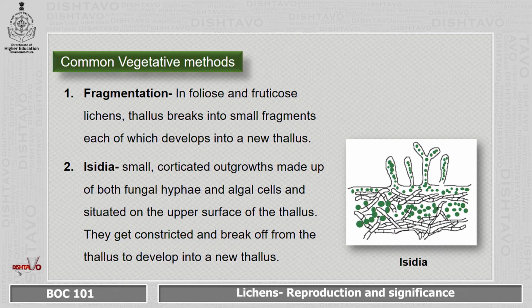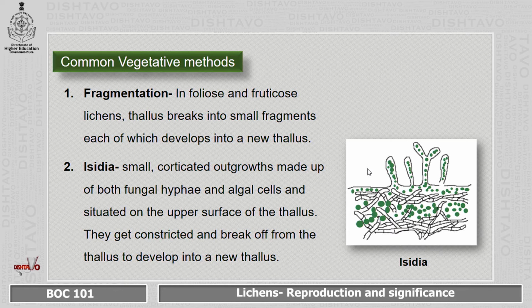Isidia are small corticated outgrowths made up of both fungal hyphae and algal cells and situated on the upper surface of the thallus. They get constricted and break off from the thallus to develop into a new thallus. As you can see in this image, these are the isidia that are being formed. They would get constricted at this place and get cut off from this thallus to form a new thallus.